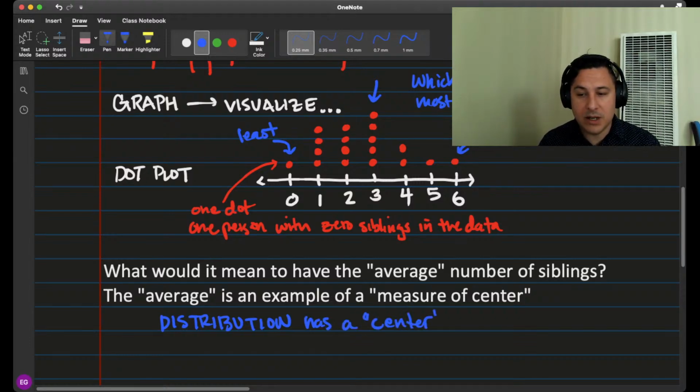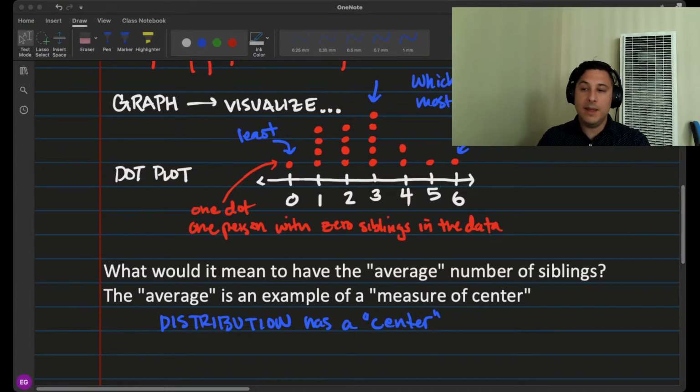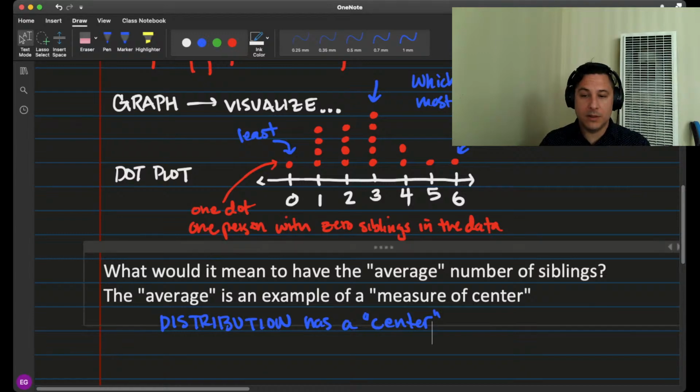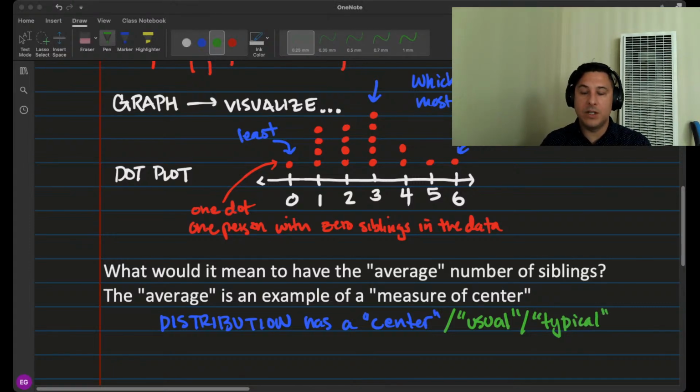And the center of the distribution is basically the most common or average, or however you want to say it. It's a single number that somehow describes what's usual for the numbers you have. So you can sort of think of the center as what's a usual or typical value. So whenever you hear the word, like, it's the average, you can think of that as meaning normal, typical, usual.